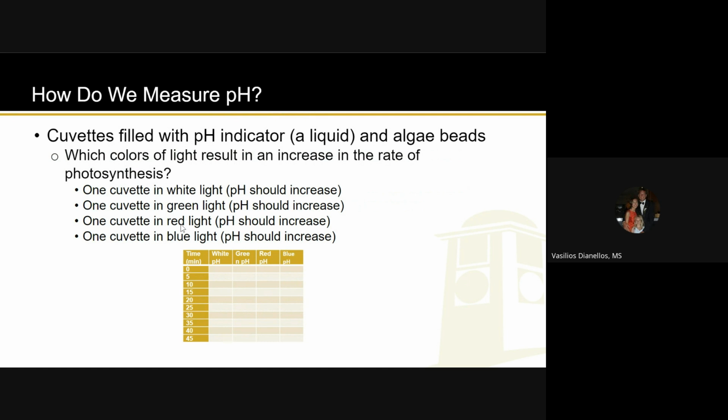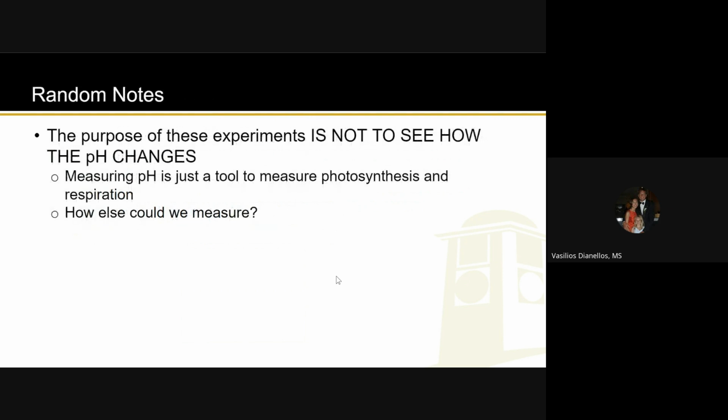If I can get my hands on some extra cuvettes and some extra colors, then perhaps we could do white, green, red, blue, and orange or yellow, some additional color. But as of right now, this is the plan. So that's it for the experiments that we're going to be doing.